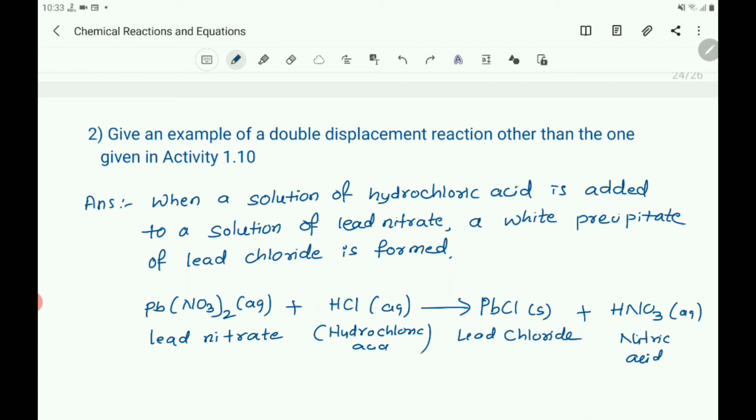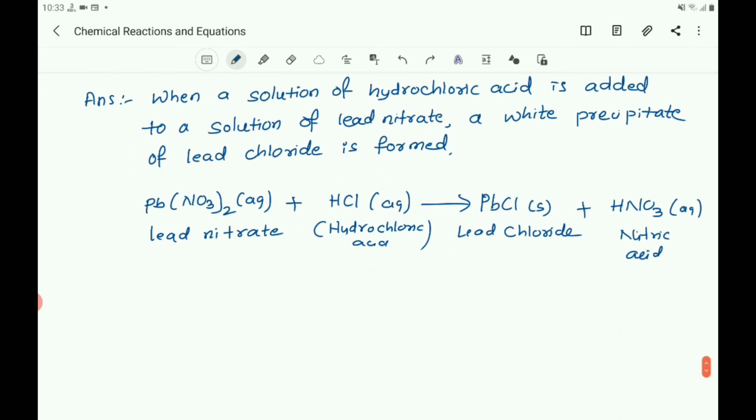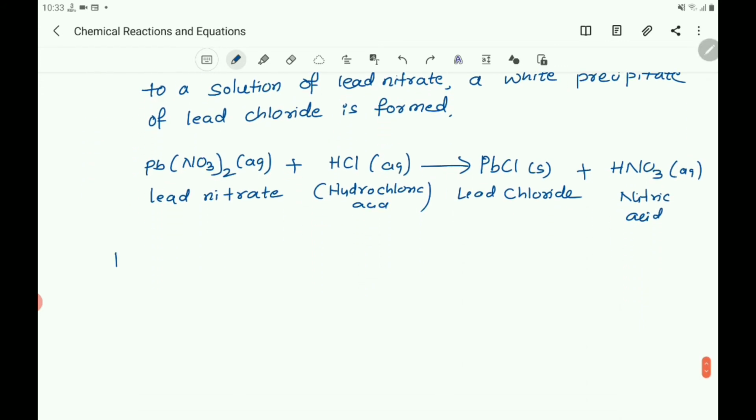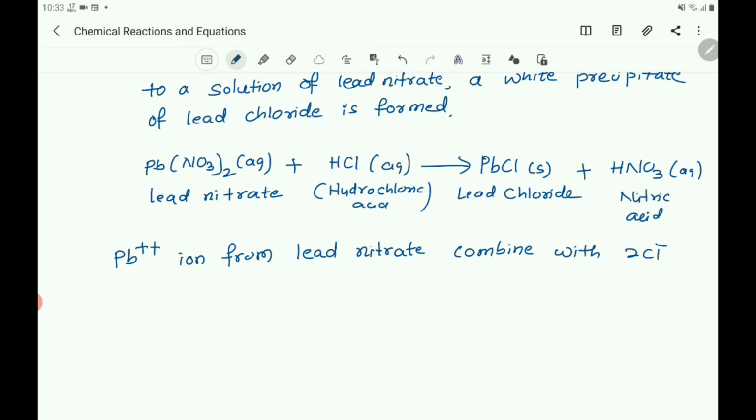In this way, here one ion is displaced by the other ion. Here what happened? Pb2+ ion from lead nitrate combines with 2Cl- ion from HCl, from hydrochloric acid.